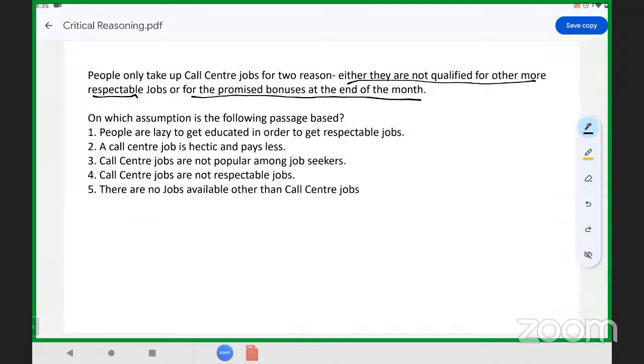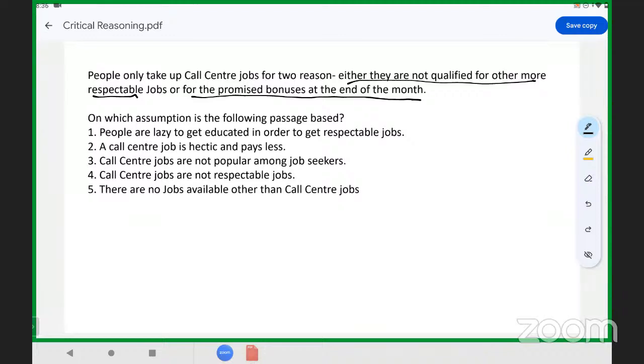So these are the only two reasons for people taking up call center jobs. Now, on which assumption is the passage based? We have to find one assumption that makes the above passage true.